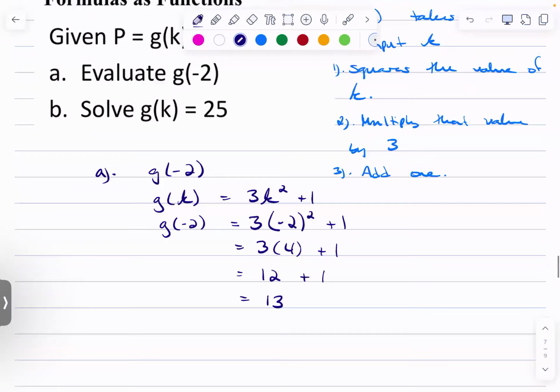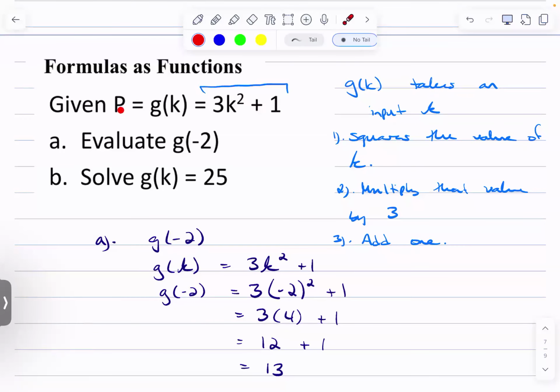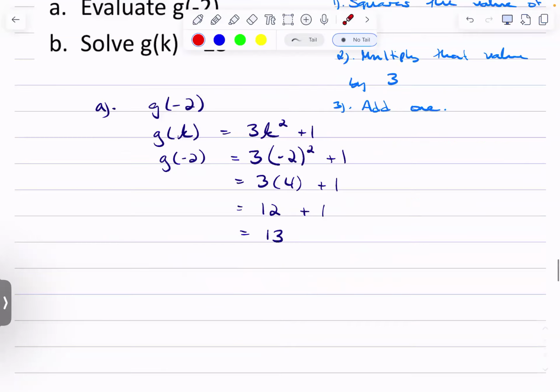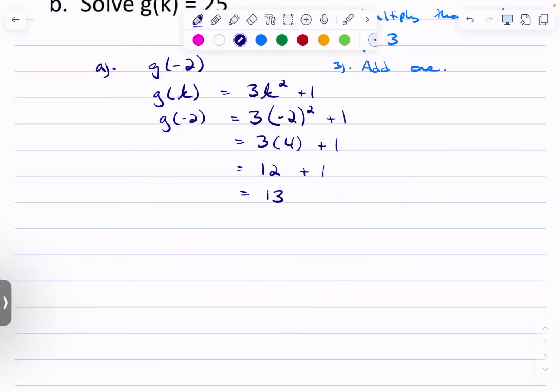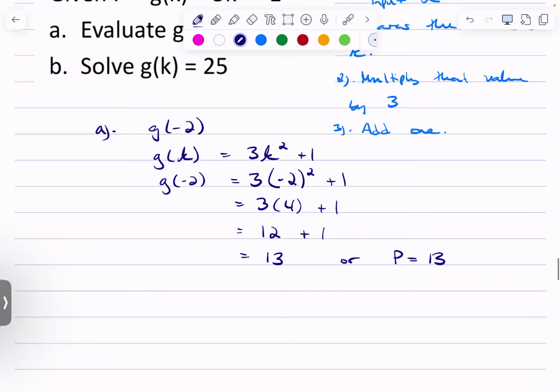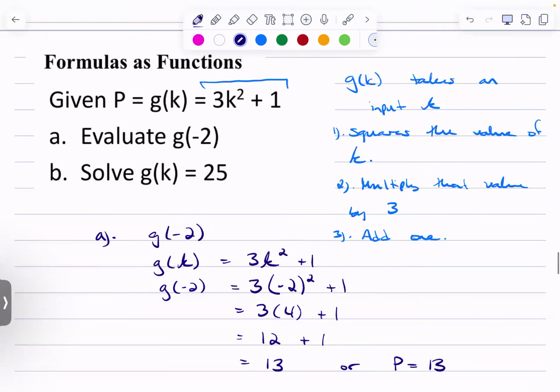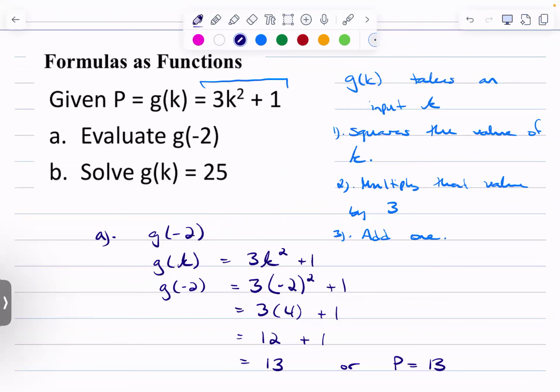Or if you want, p is 13. That's extra. I don't know why they bothered defining p, but anyways. Okay.